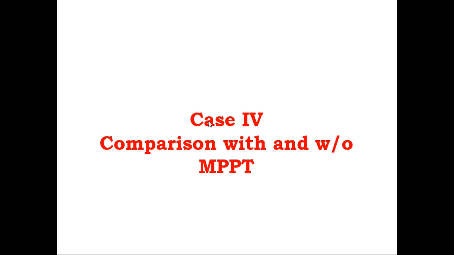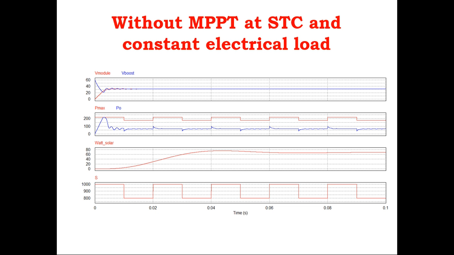Now we can compare with MPPT and without MPPT algorithm. Without MPPT we have zero boosting over here. We are not going to track anything because the algorithm does not exist.